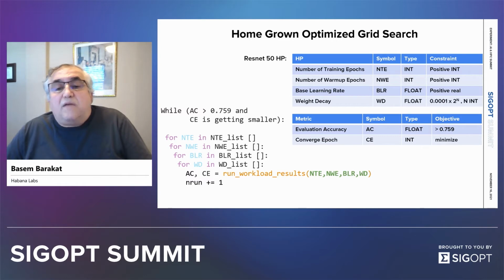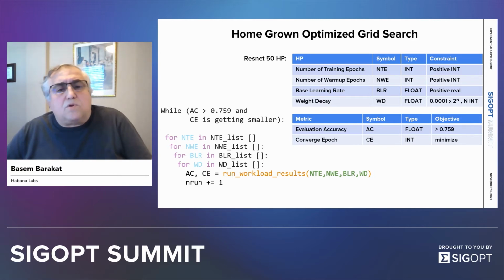When the evaluation reaches that accuracy, we read the epoch number, and that is what we call the convergence epoch, so how long it took us to reach that accuracy. Obviously, our goal here is to minimize that number. We would like to have it shorter because that will affect how long we train. The training time is directly correlated with it.